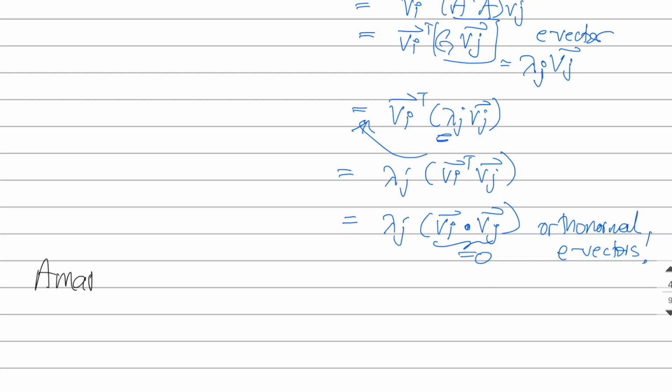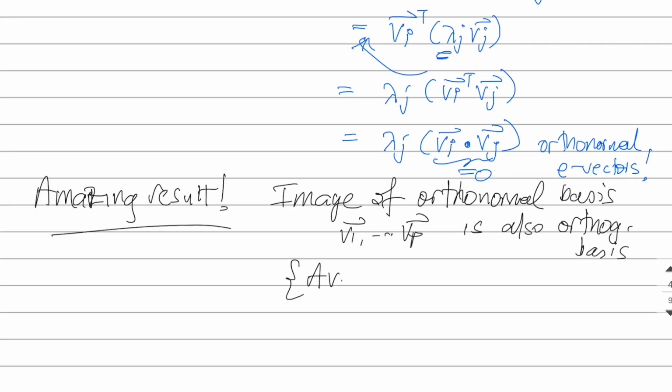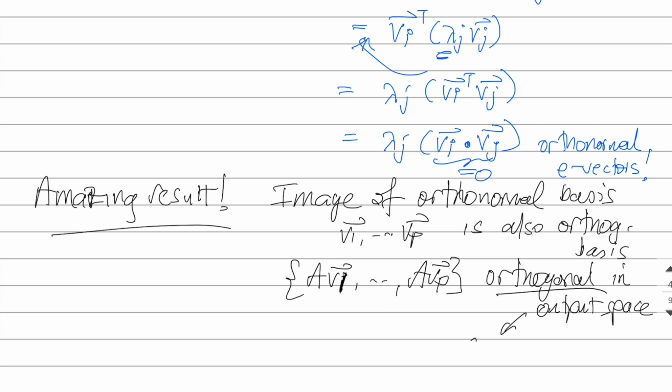So this is an amazing result. Not only are the input vectors orthogonal, their images are also orthogonal. So that means all of these AV1 all the way up to AVP will also be orthogonal in the output space. They'll be orthogonal in the column space of A because that's where they're being dumped into.